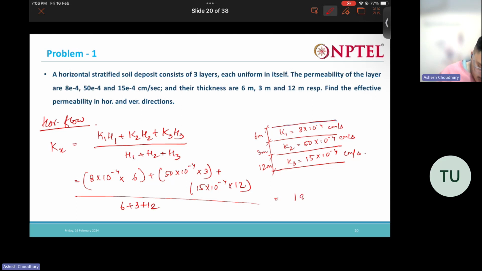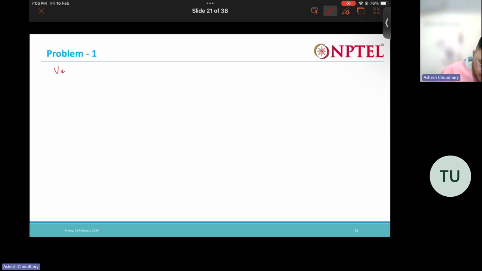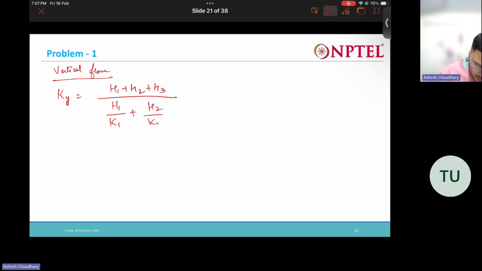So this is going to come out as 10. Then for vertical flow, K vertical is nothing but h1 plus h2 plus h3 by h1 by k1 plus h2 by k2 plus h3 by k3.